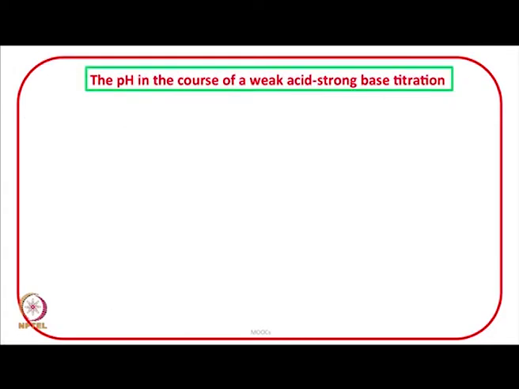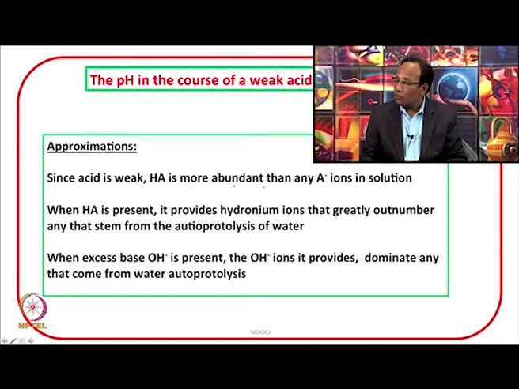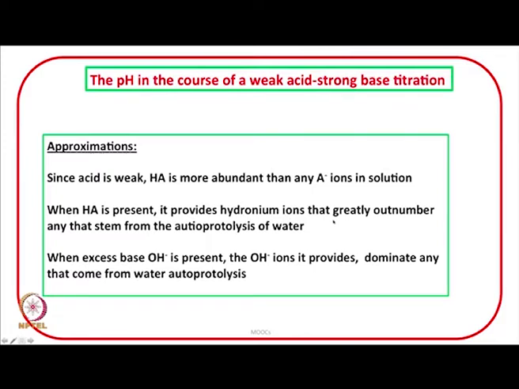And what are those approximations? Since the acid is weak, HA is more abundant than A minus ions in solution. A weak acid is very weakly dissociated, therefore the amount of A minus ions will be very small compared to HA. When HA is present, it provides hydronium ions that greatly outnumber any that stem from autoprotolysis of water.